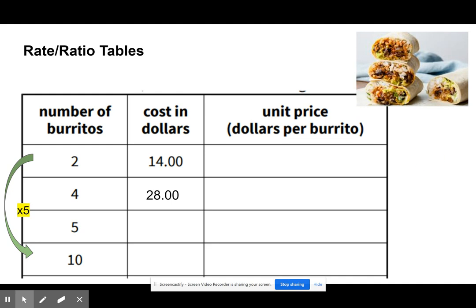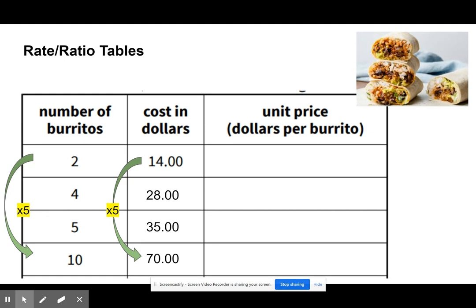That means the price is also 5 times greater. So $70. Wow, 10 burritos, $70. And now, how would you find the cost of 5 burritos? If I know the cost of 10, then I'm just going to cut that in half to know the cost of 5.